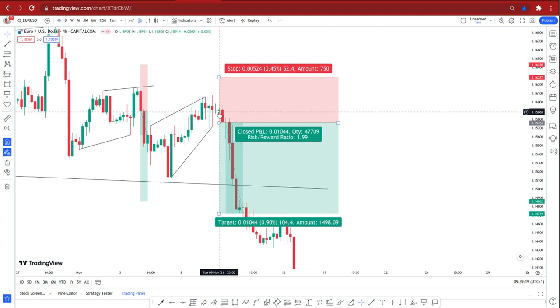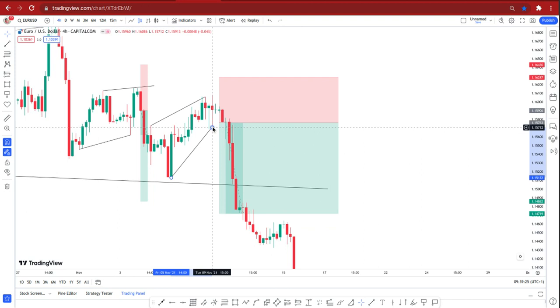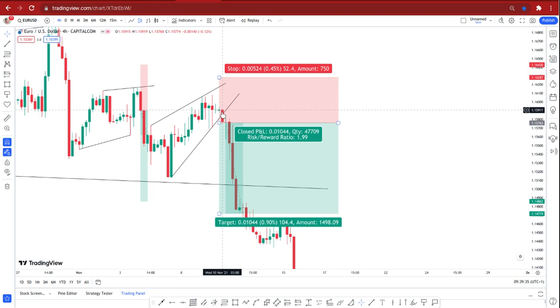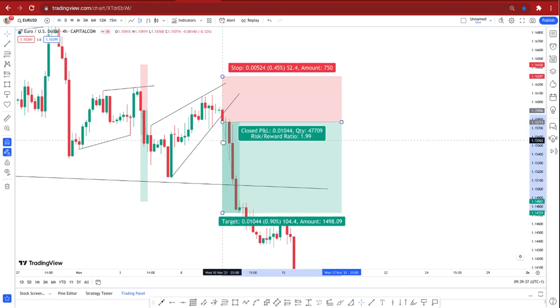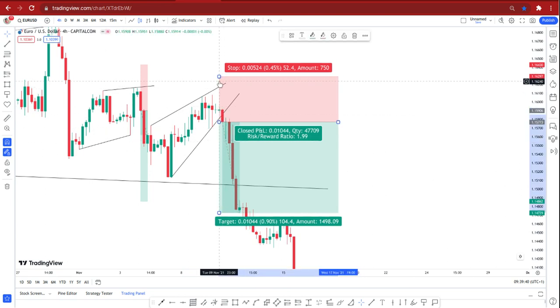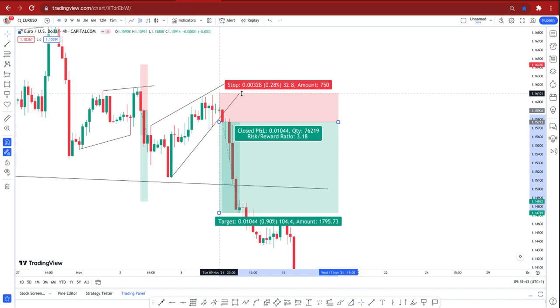So I would have preferred to enter from here, because it's like breaking out of this. You realize it now, it's like breaking out. So I would have jumped in on this sell from here. My stop will probably be the highest point here. What's the highest point here? It's 28, let's say 30 pips.